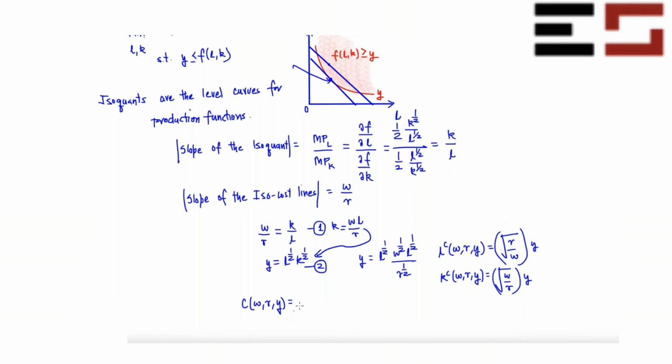This is the optimal choice, and the cost of the optimal choice is W times the square root of R by W times Y, plus R times the square root of W by R into Y, which is actually 2 times the square root of WRY, right? So that's the cost function, and we can easily see that it's just a function of W, R and Y. Is this clear?